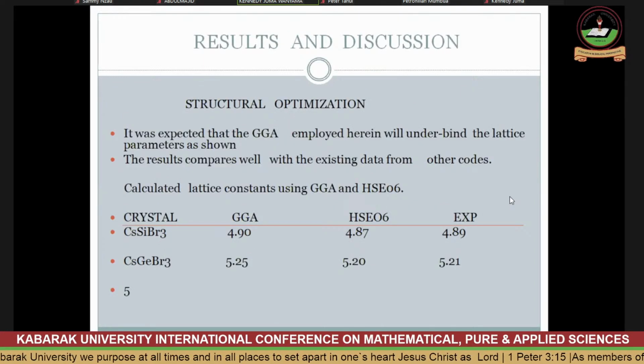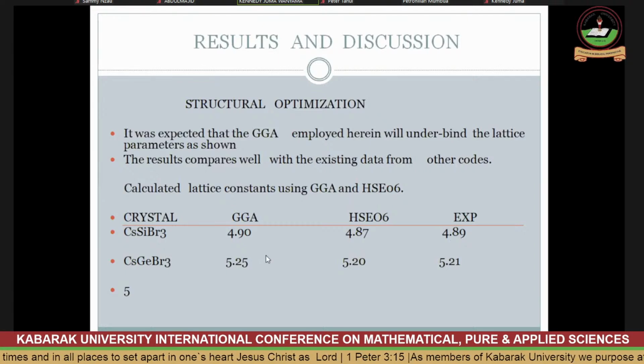I looked at the structural optimization. It was expected the GGA employed herein will underbind the lattice parameters as shown in the table. When you look at the table, the results from the GGA and the HSE compare very well with the existing data from other codes.